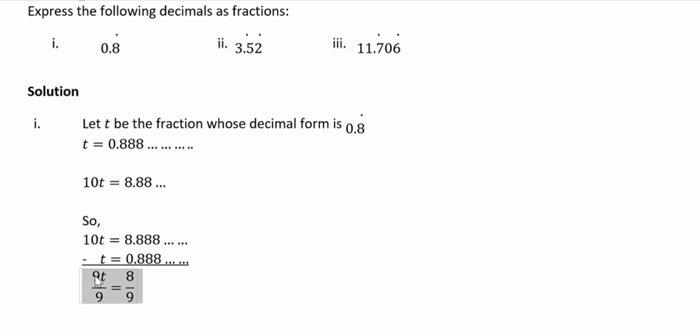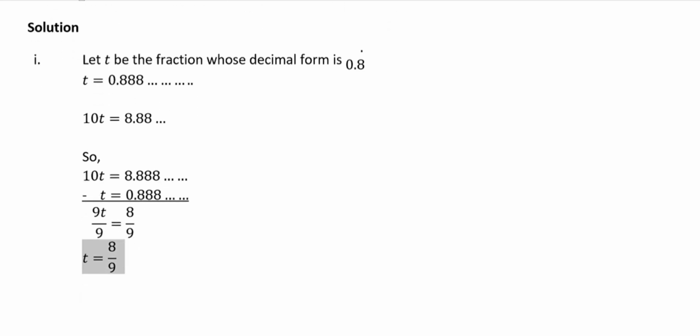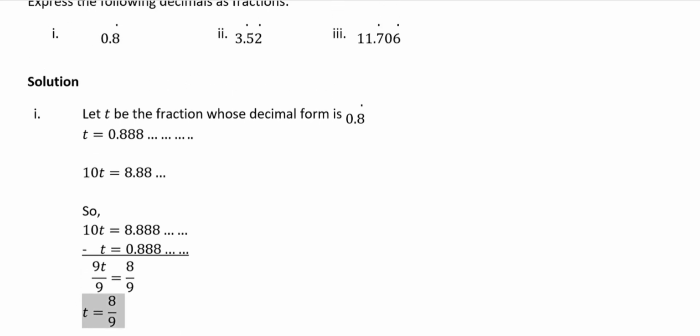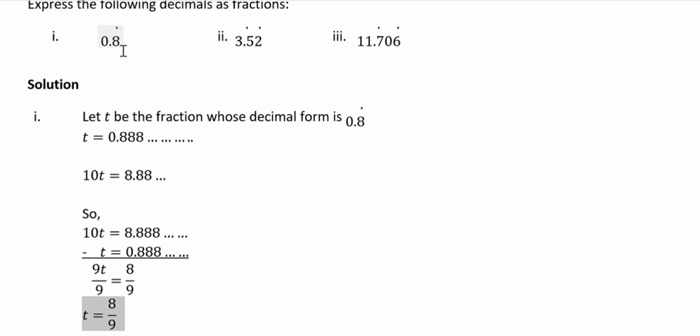So we shall have 9t being equal to 8, but what we want is t, because t is the fraction which we are interested in, which has this as the recurring decimal. So we divide both sides by the coefficient of t, which is 9 in this case, and you will get t being equal to 8 over 9 as the fraction whose decimal is 0.8 recurring.